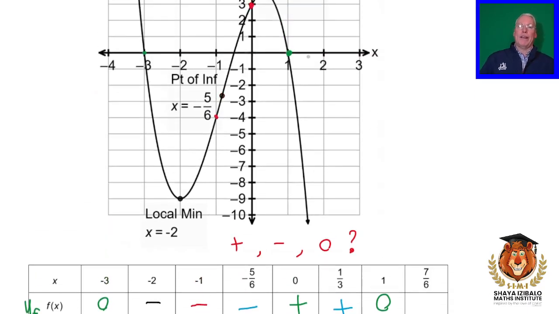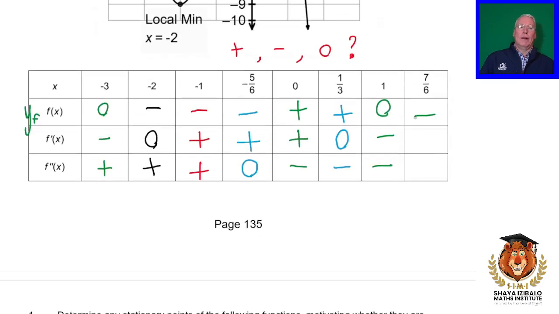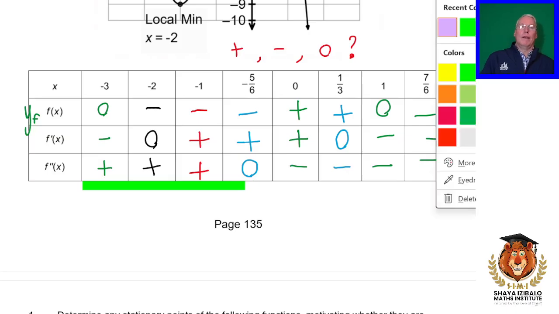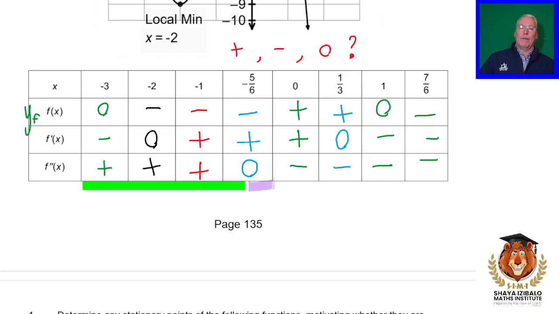Okay, 7/6 is somewhere over here. The function value will be negative. The gradient will be negative, and the second derivative will be negative. Notice that on this cubic function, the concavity only changes once. Positive second derivative, the graph is concave up to there, and then negative second derivative, the graph's concave down from the point of inflection onwards.